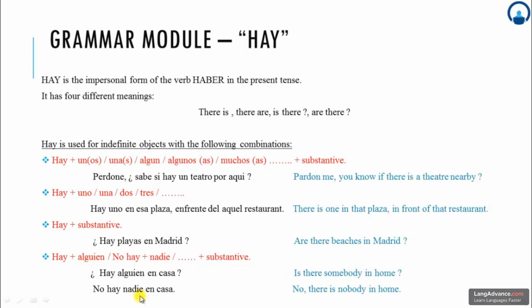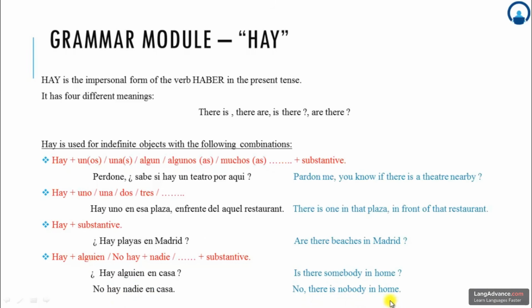No hay nadie en casa. No, there is nobody at home. Again, there is a rule: no hay plus nadie. You cannot say no nadie, because of the rule of negation, that negation comes before the verb. Here the verb is hay. That's why no hay nadie en casa.